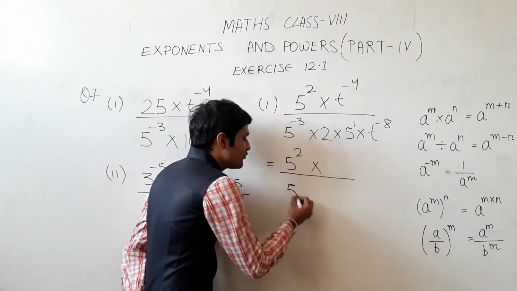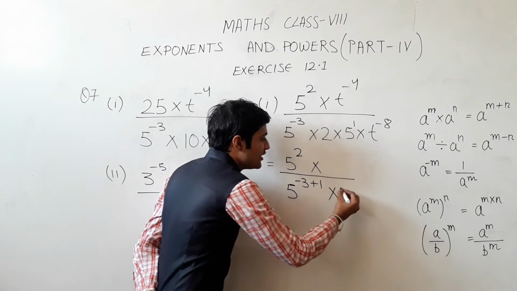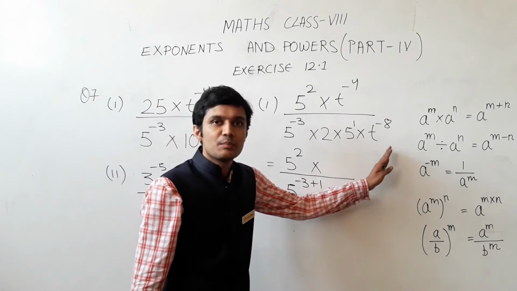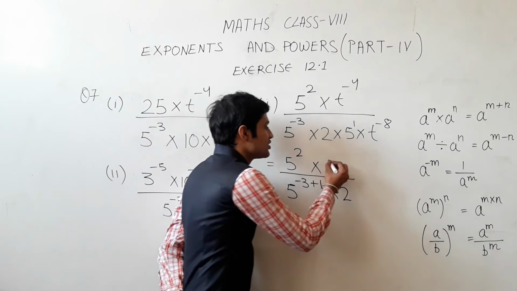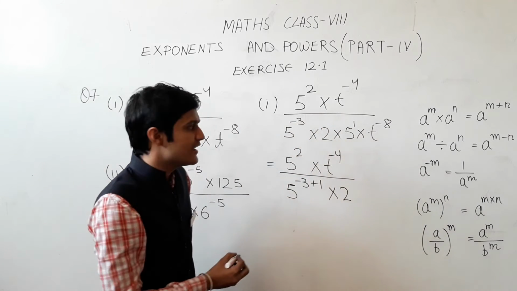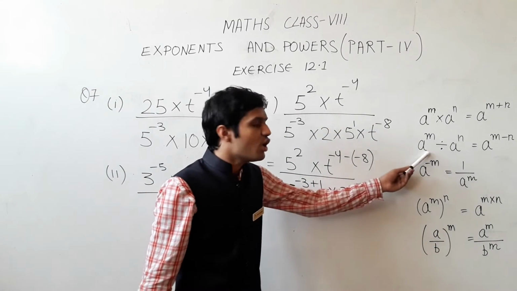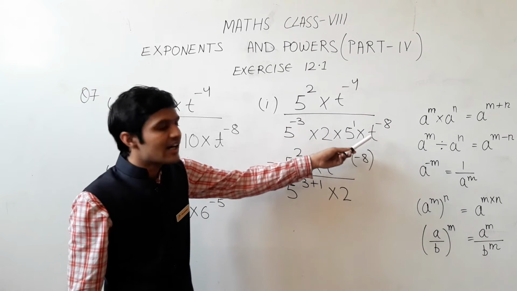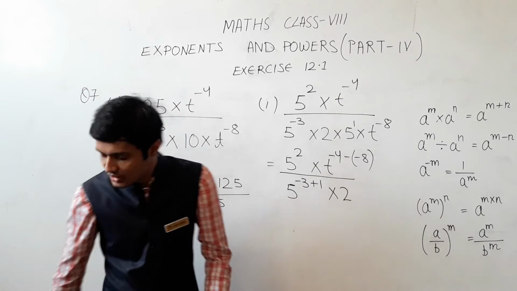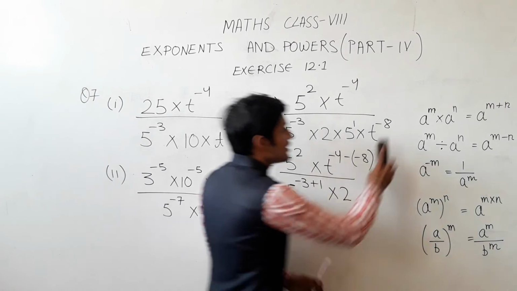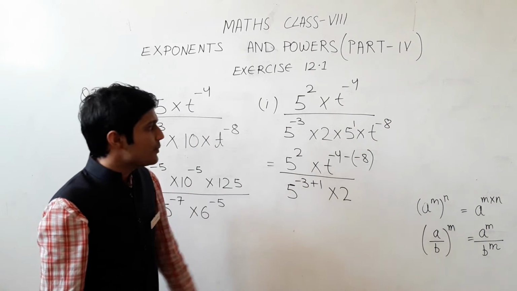So I can write 5 raised to the power minus 3 plus 1. 2 is on its place. Shift t raised to minus 8 to the numerator part. So this becomes t raised to the power minus 4 minus 8 by using this law of exponents: when the bases are the same, the exponents are subtracted from each other. So this complete expression becomes 5 raised to the power 2.